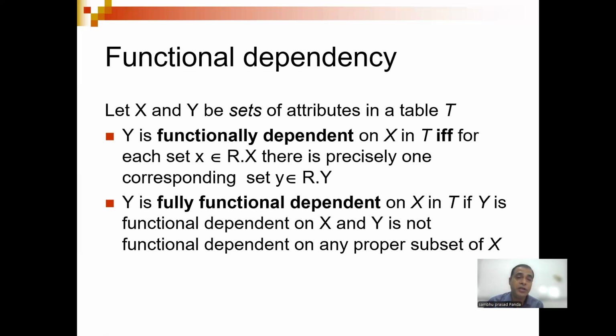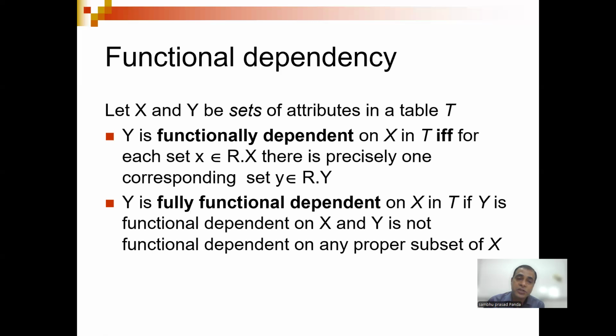If X and Y are two sets of attributes in a table T, then Y is functionally dependent on X if for each set X belonging to R.X, there is precisely one corresponding set of Y belonging to R.Y. It means that if there are two attributes X and Y, X determines Y, meaning the values of X have unique values in the Y set.